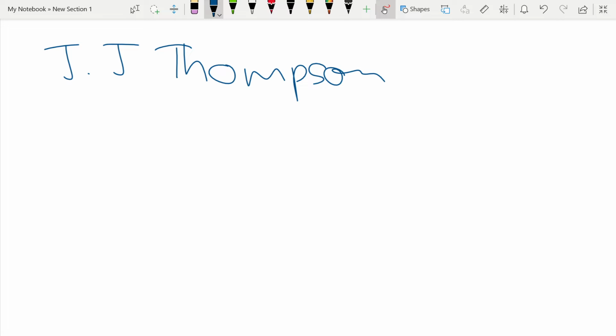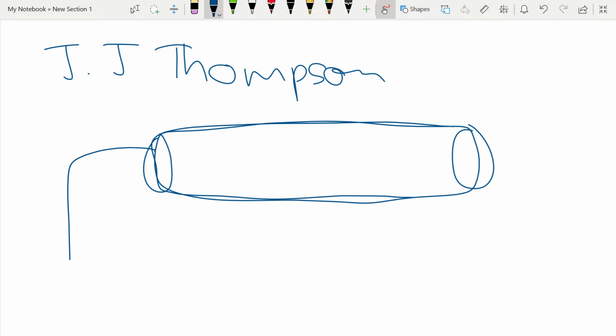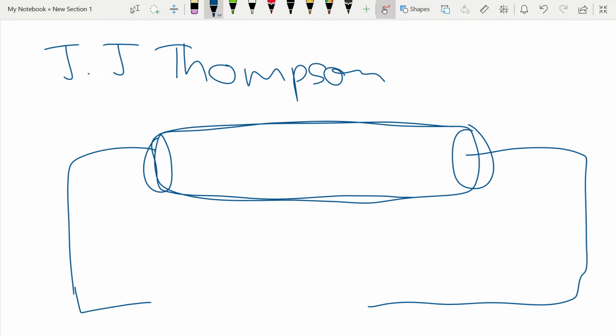So they did another experiment. What J.J. Thompson did was to have a tube over here, then he had two poles and he had a wire connecting all that to a cell.